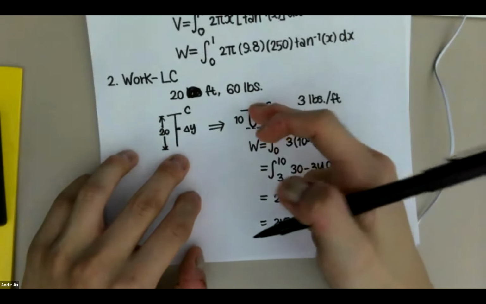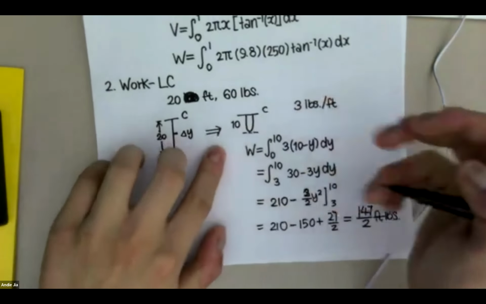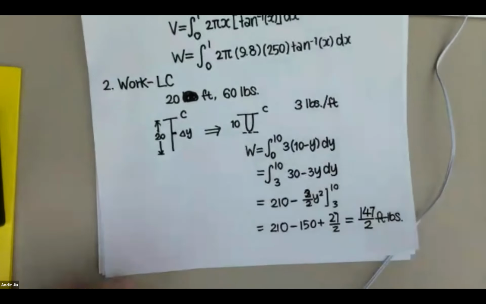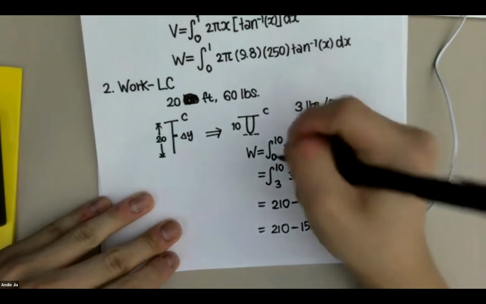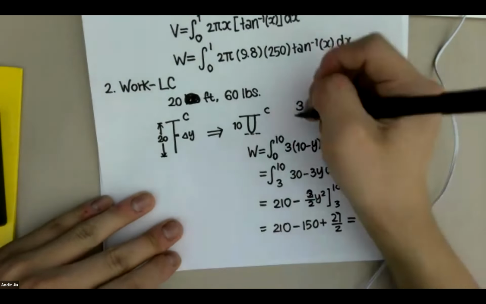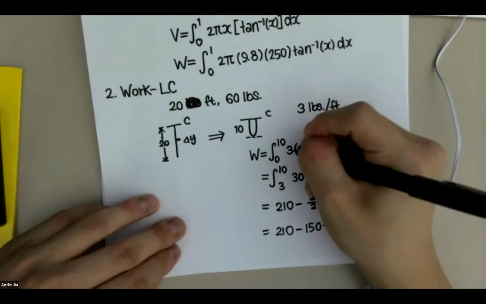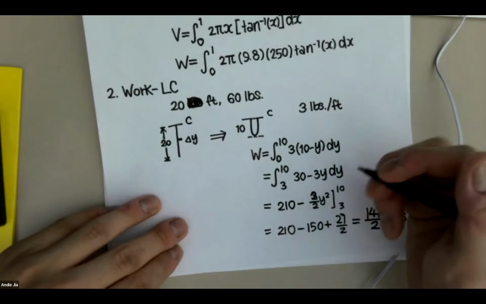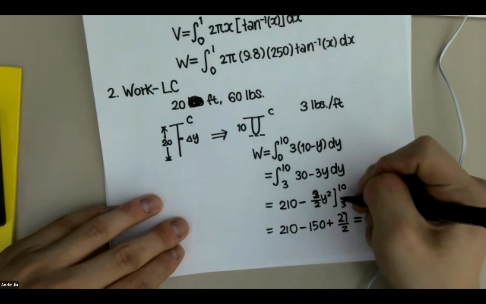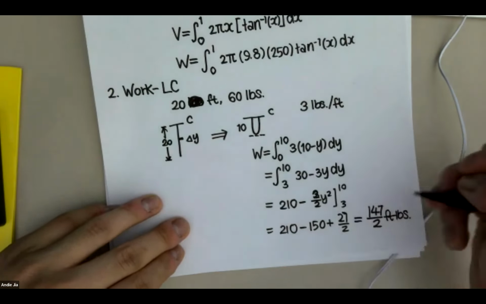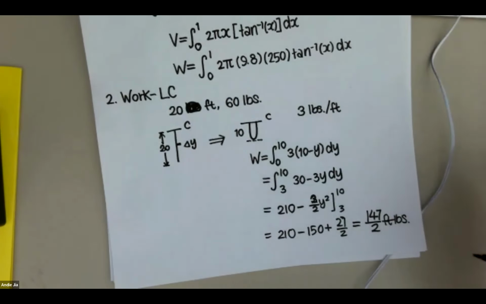When we calculate one side's mass, we multiply by 2 because there are two sides. For the distance of 10 feet, the vertical distance is 10 minus y, and we multiply by 3, and then we do the whole work. If I make any mistake, please let me know, and I may change it after the video.